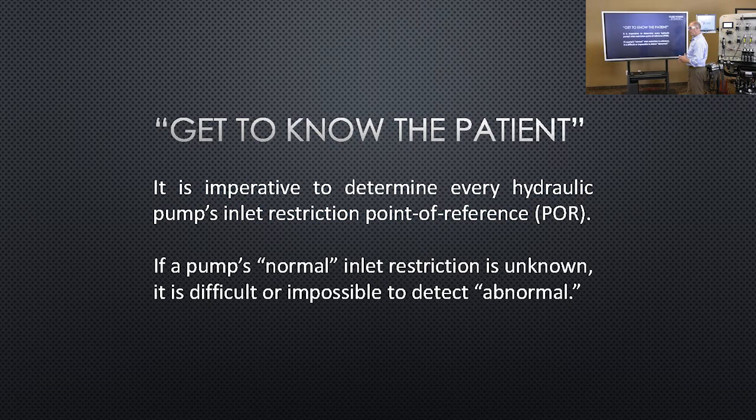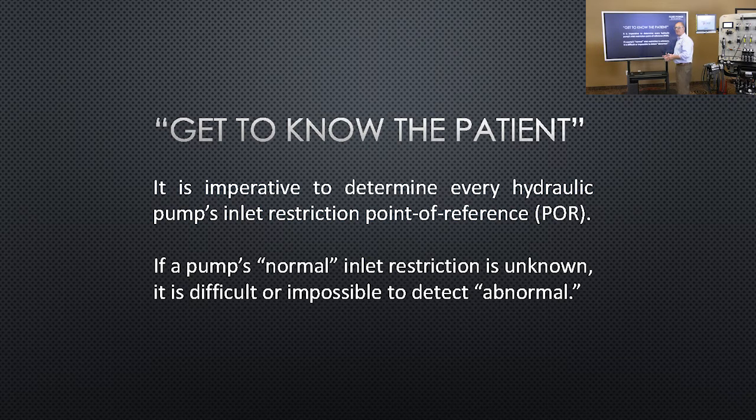One of the most important things we can do with a hydraulic system is get to know it. Get to know the patient. It is imperative to determine every hydraulic pump's inlet restriction point of reference, just as one example. In other words, if the manufacturer of the pump says, for example, on a gear pump that the maximum inlet restriction is 8 inches of mercury, then the designer needs to make sure that in the design of the system we do not exceed the 8 inches of mercury at normal operating temperature.